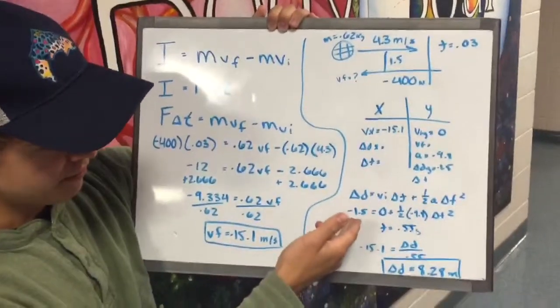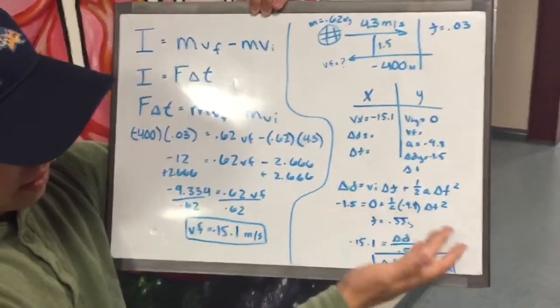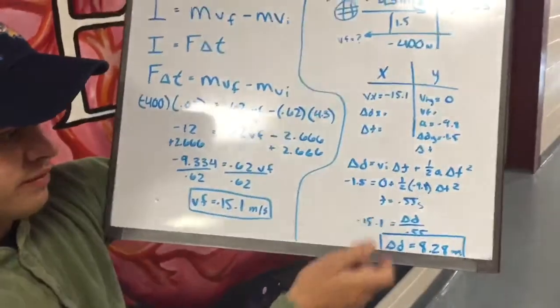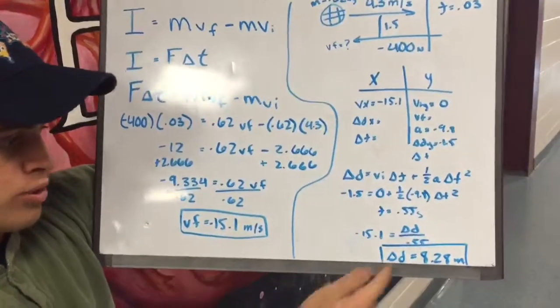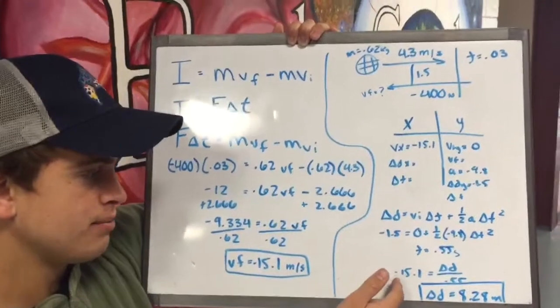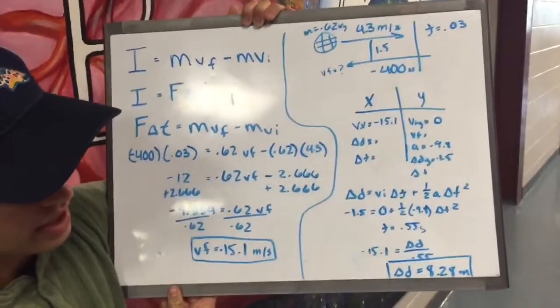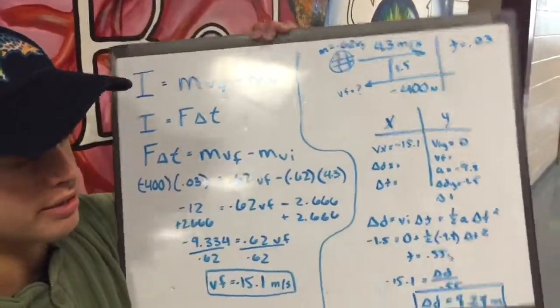Here we fill in the distance of y, which would be the height, and you put in the acceleration, which is negative 9.8 because gravity is acting upon the object. After you find that time equals 0.55 seconds, you multiply time by velocity in MathRep 1, and negative 15.1 times 0.55 gives you the x distance at 8.28 meters.